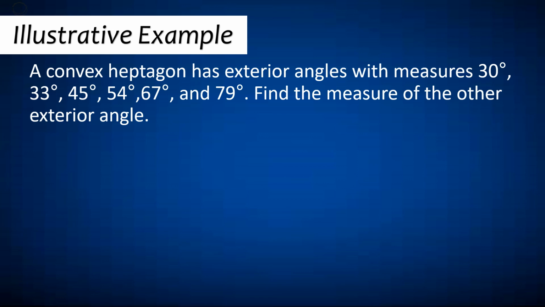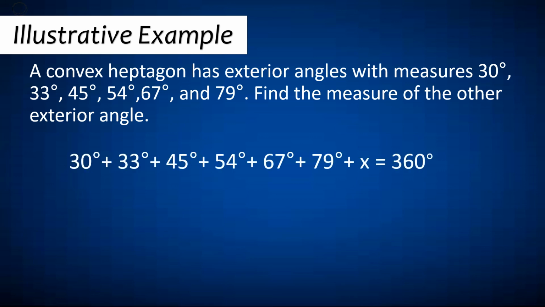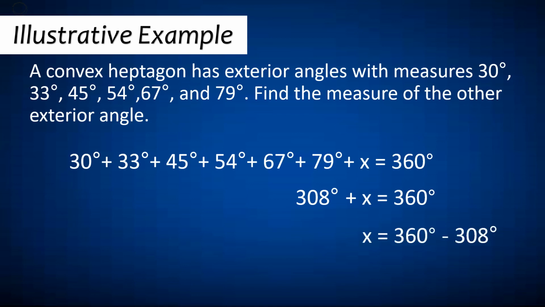At ang given nating sides ay 6 na, meaning isa lang talaga yung nawawala. So i-substitute natin yung x sa nawawala, i-add natin lahat ng given, kaya magiging 308 plus x is equal to 360. And then by transposing, 360 minus 308, we have x is equal to 52. So ang sukat daw nung last angle or exterior angle nung convex heptagon natin is 52 degrees.